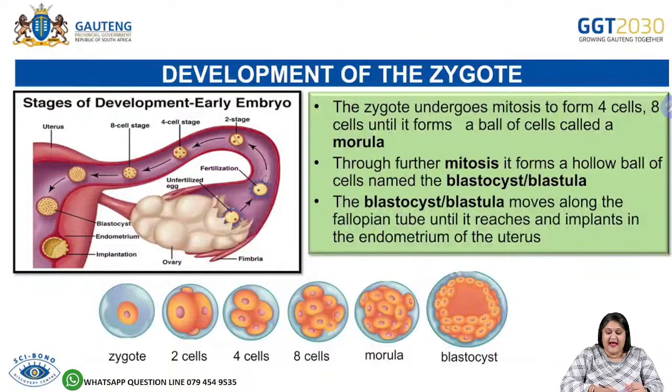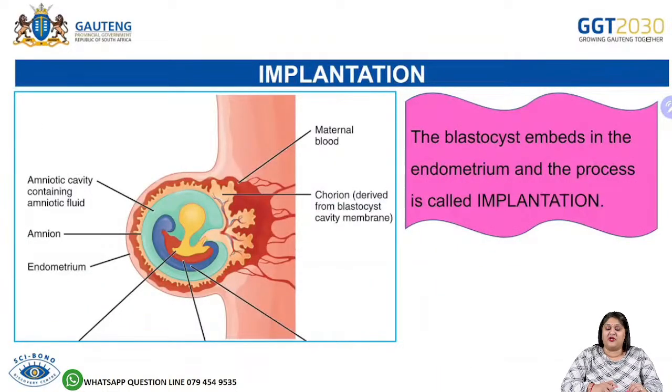Okay, and this process is going to be called implantation. So what happens now is that this blastocyst is going to embed into the endometrium. And when it embeds into this endometrium, this is called implantation. Now, let's just back it up a little bit.